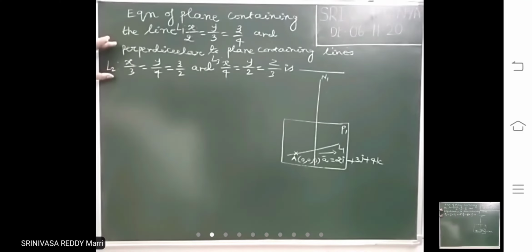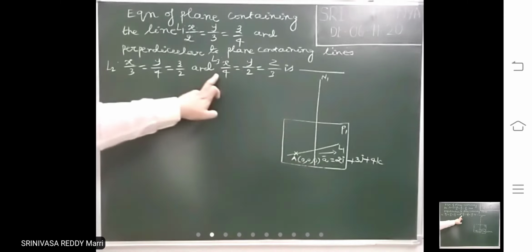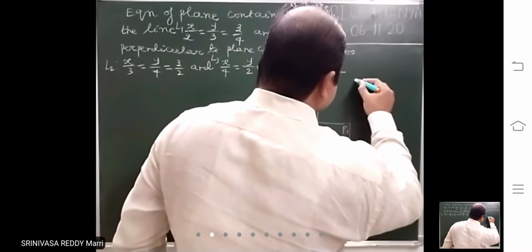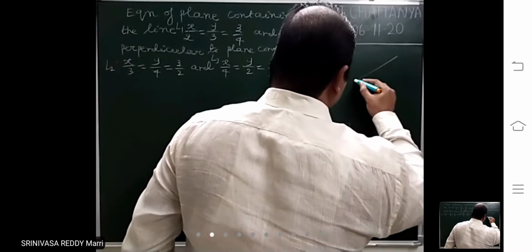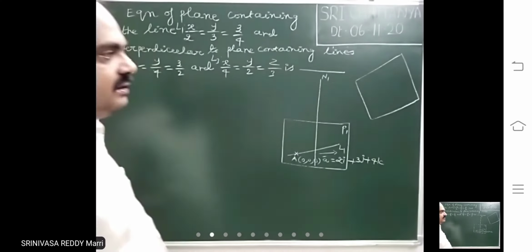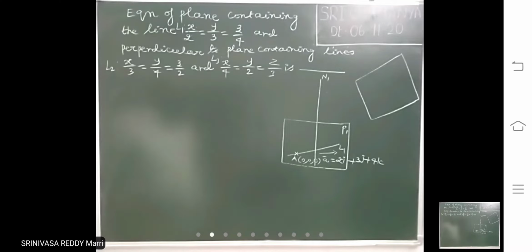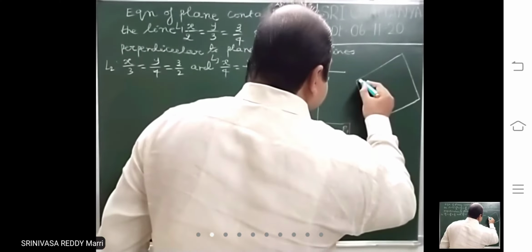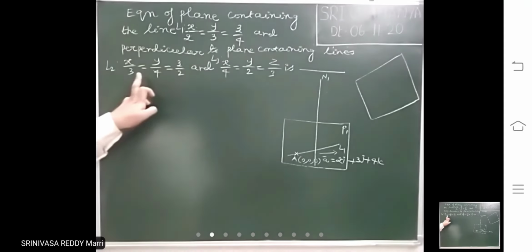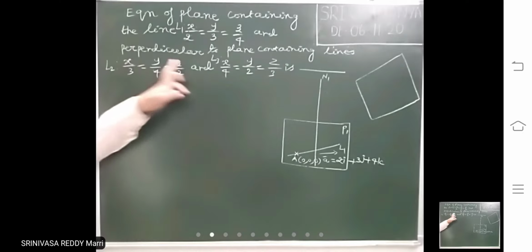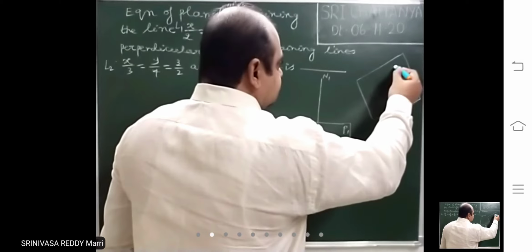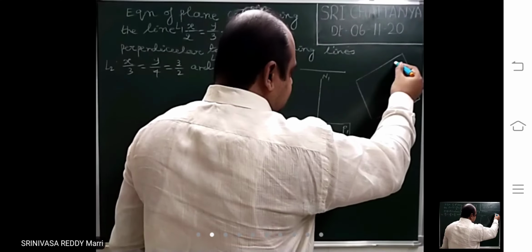Now there is another plane which contains these two lines, L2 and L3. Let us say the plane is like this, whatever you may draw arbitrarily. These two lines have a common point, the origin, so here a point is not necessary.